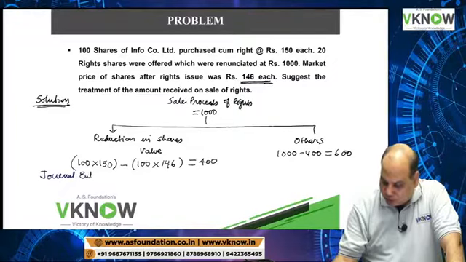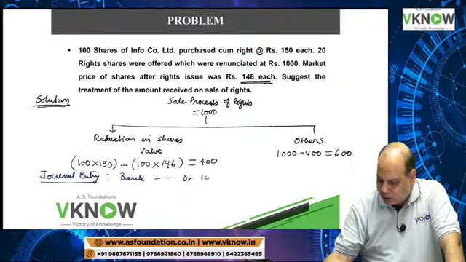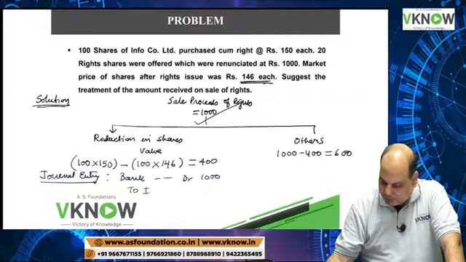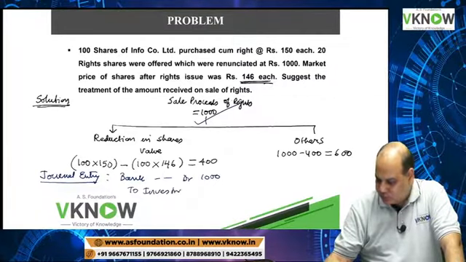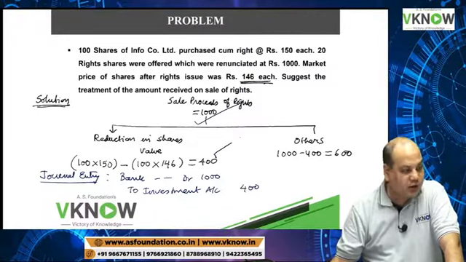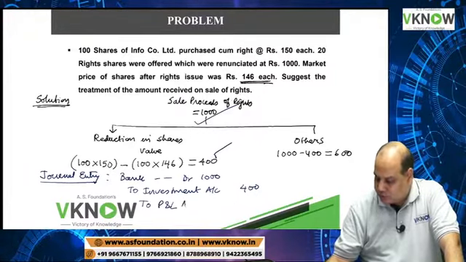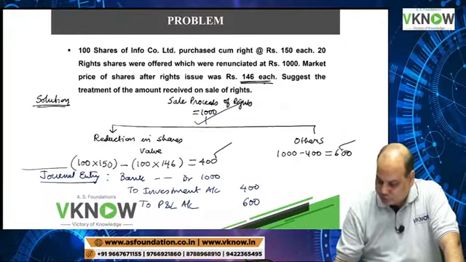So what journal entry will we pass now? Write down the journal entry. Bank account debit 1000, this figure, to investment account only 400, to the extent of decline in value, and the excess amount is your income, 600 rupees.